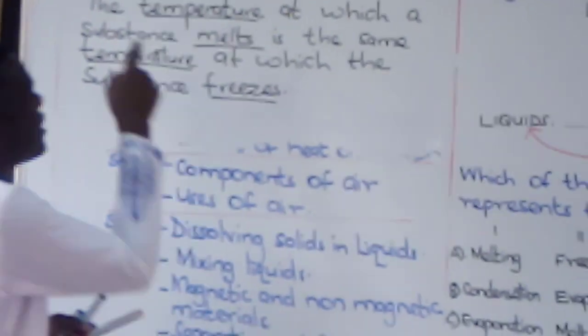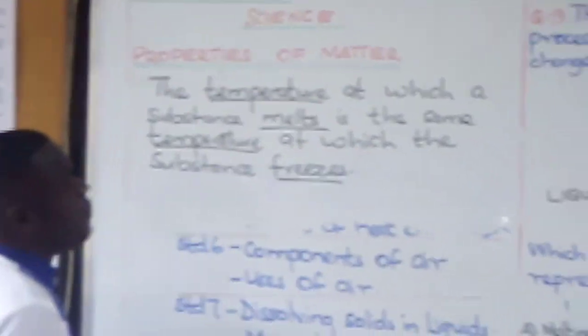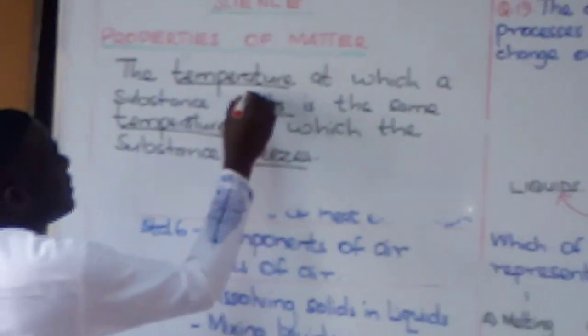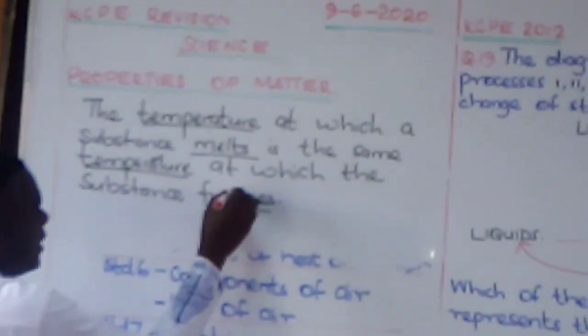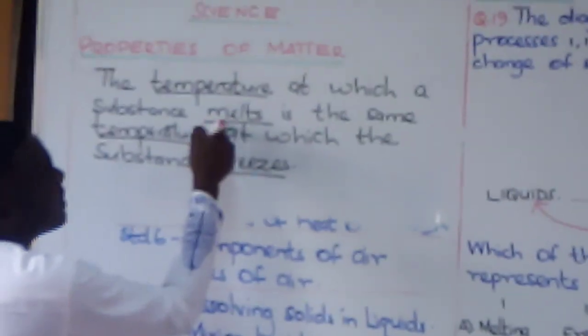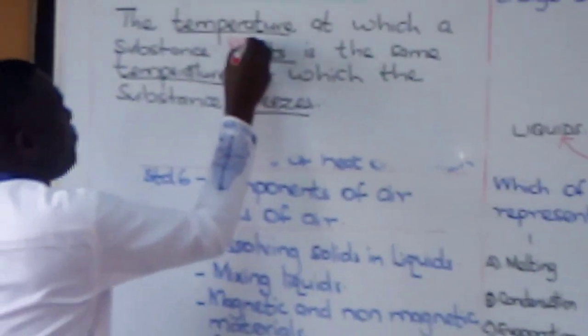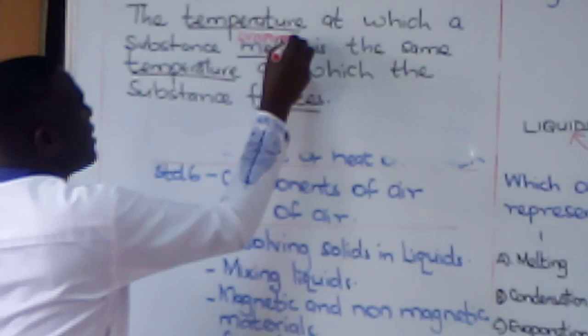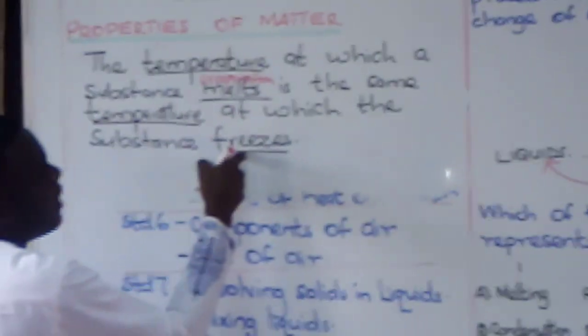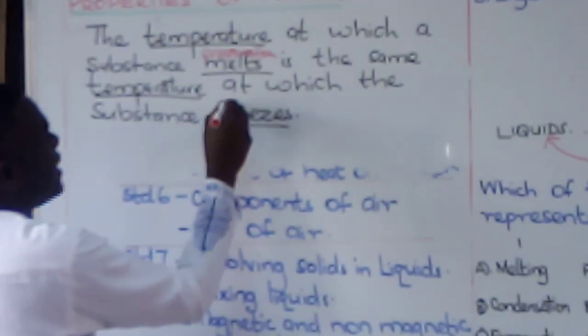So you can write another statement like this one and replace the words melting and freezing. You replace melting with evaporation, and replace freezing with condensation.